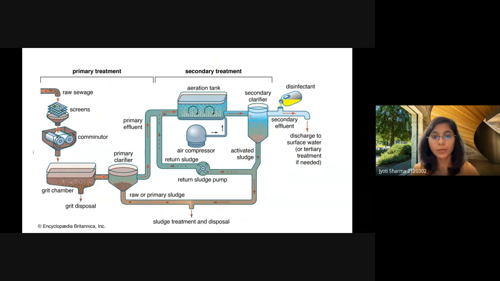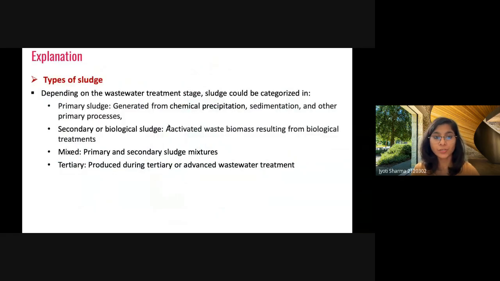Okay, so coming to the next question. I have already told you that primary sludge will come from primary treatment, and secondary sludge will come from secondary treatment, but in each process we have different techniques.